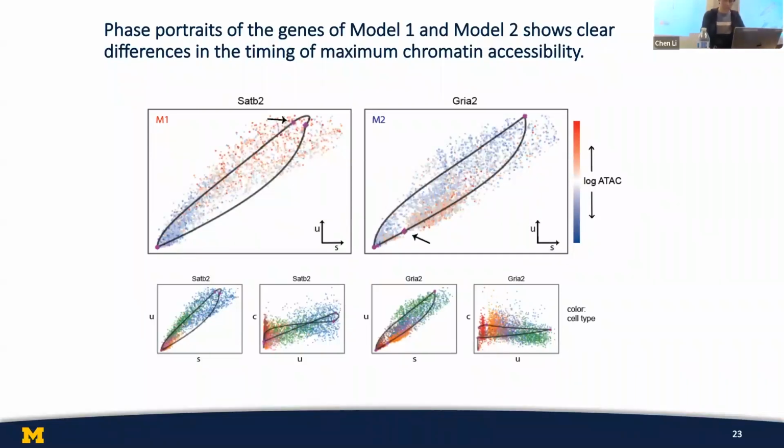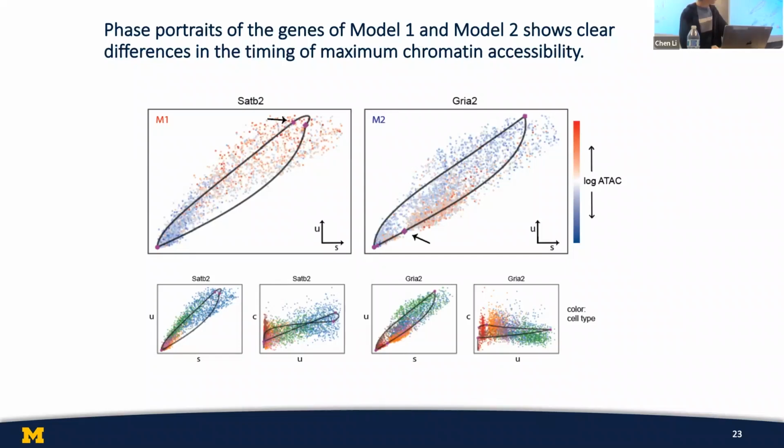In this data set, we also see clear examples of model 1 and model 2 genes. SATB2 is a model 1 gene. The pointed arrow indicates where the chromatin closes. In this gene, the chromatin closes before the transcription regression happens, which is denoted by the diamond.